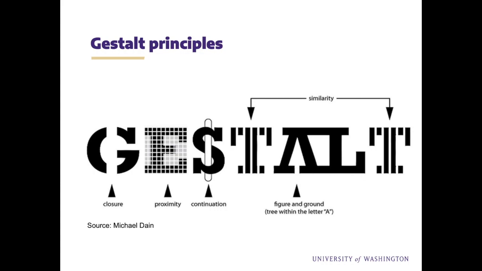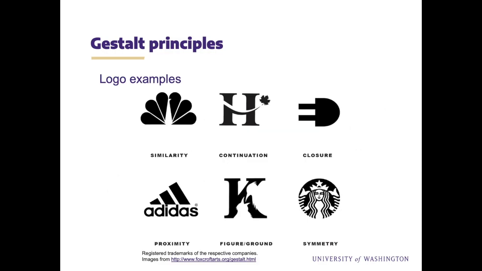Some of the best examples for Gestalt actually come from logos that you probably commonly see. So for instance, the logo from NBC shows some similarity. Each of the different teardrop shapes are stacked together to create an image of closure that helps us see kind of a peacock. And notice that they even cut out a little beak there to help emphasize the foreground here. Hyatt has a great example of continuation, also known as flow.